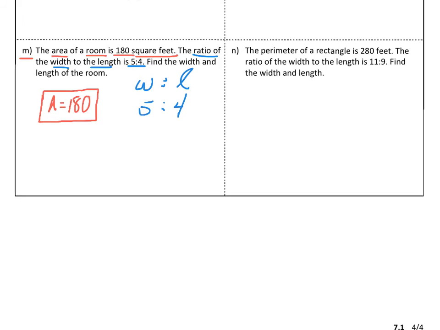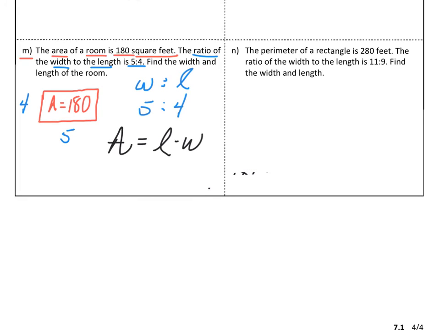Now, once again, I'm not necessarily saying that my side length here is 5 and my side length here is 4. Because you have to remember that the formula for the area of a rectangle is length times width. Well, if I were to do 4 times 5, I'm definitely not going to get 180.